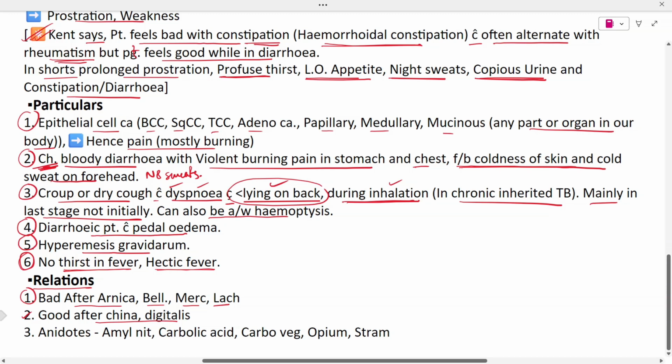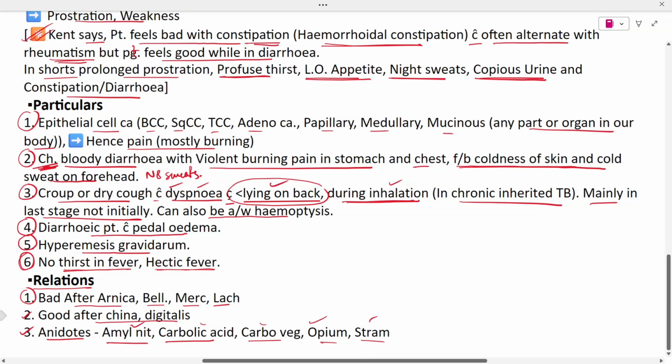It works very well. With China, in huge hypovolemic shock or loss of body fluids when the patient feels prostrated, you have given China, but after China, acetic acid works very well. These are some clinical tips, and lastly, antidotes. It antidotes amyl nitrosum, carbolic acid, carbo veg, opium, and stramonium. After these drugs are prescribed, usually do not think about acetic acid, because they destroy the action of such drugs.